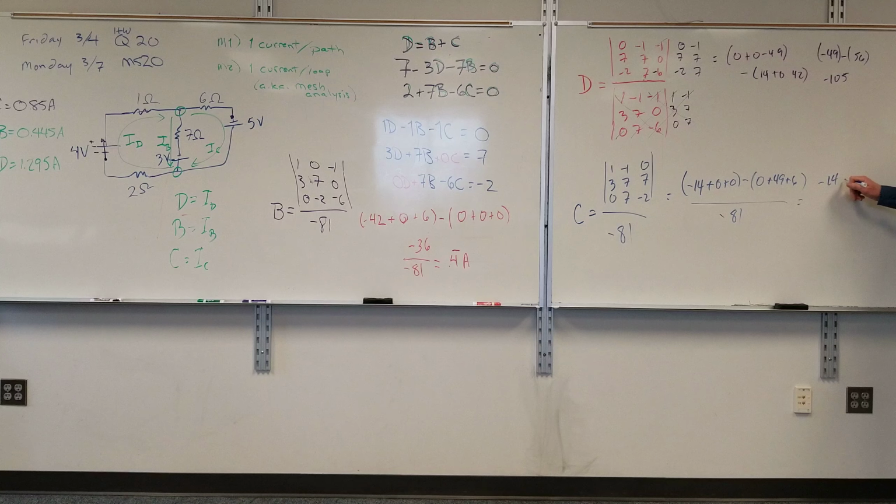Negative 14 minus 55, negative 69 over negative 81. I think last time we did it, we had 6.9 over 8.1. Questions?